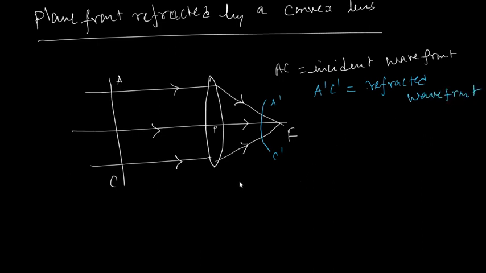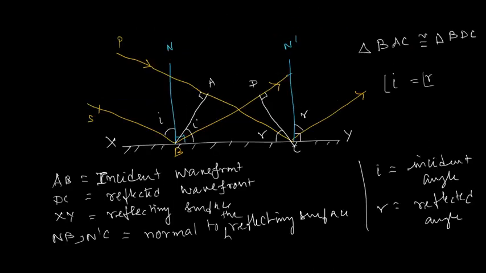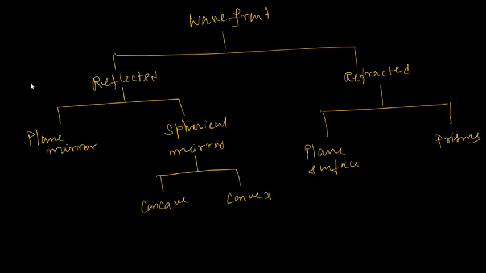Is it clear? So what are the types of mirrors and lenses or the surfaces we have discussed so far? Let us have a fast summary. The wavefront can be incident on a reflecting surface and a refracting surface.